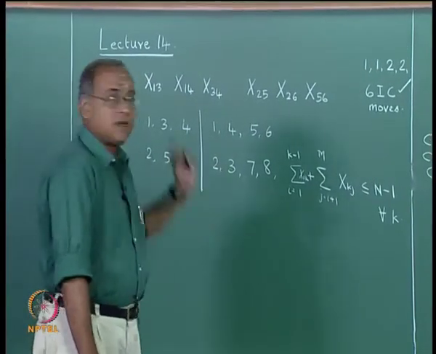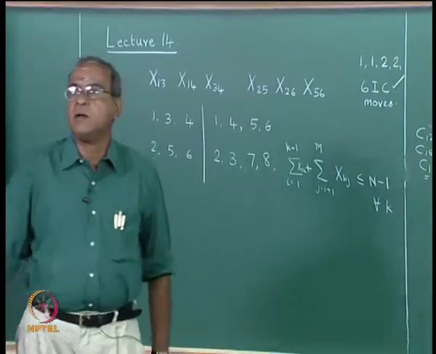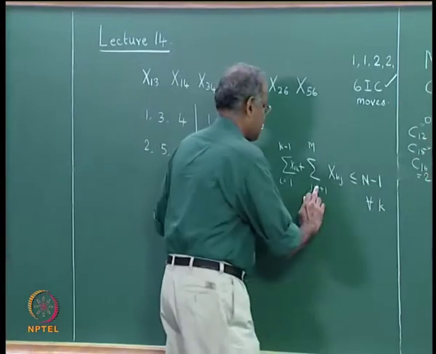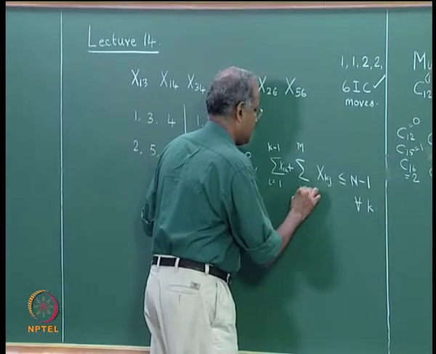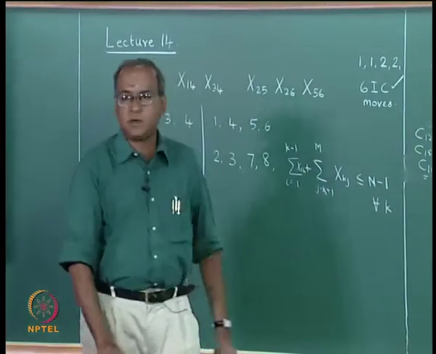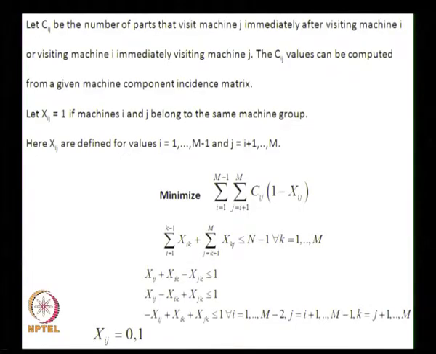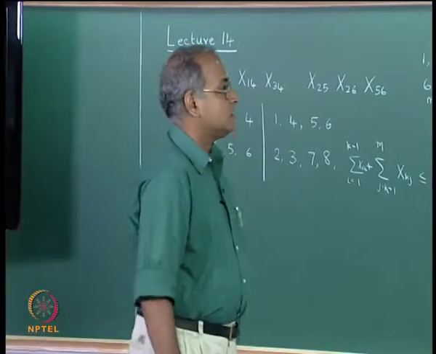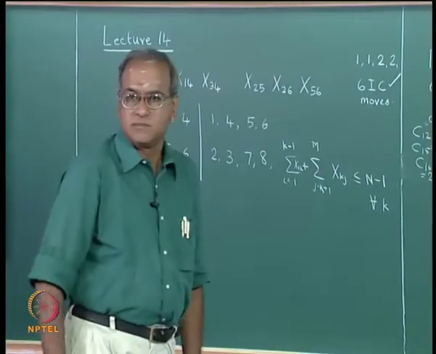So there are m machines, 6 machines, so there will be 6 constraints.